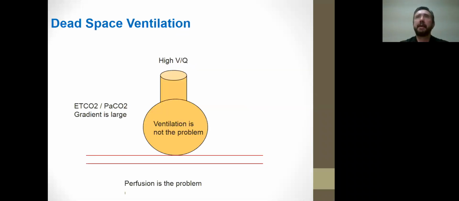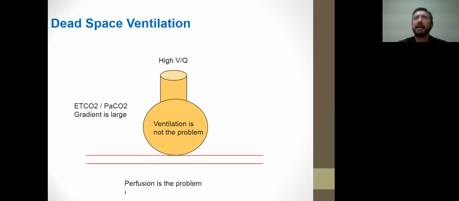Dead space ventilation is the volume of air which is inhaled that does not take part in gas exchange, either because, one, it's in the conducting airways, or two, it reaches alveoli that are not perfused or poorly perfused. In other words, not all the air in each breath is available for exchange of oxygen and carbon dioxide.